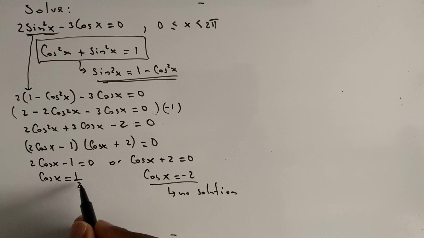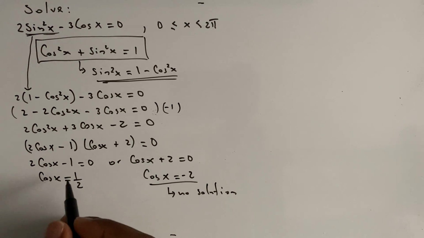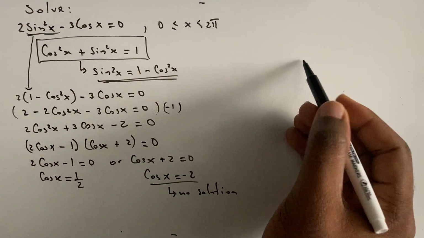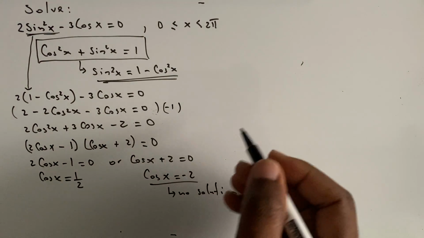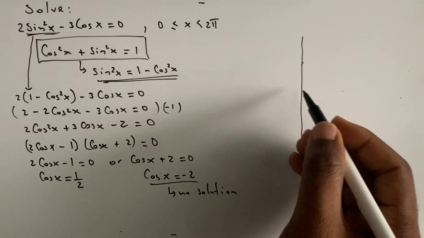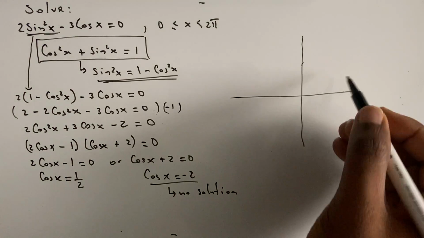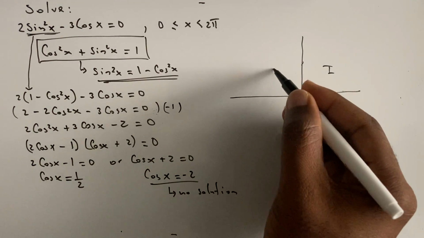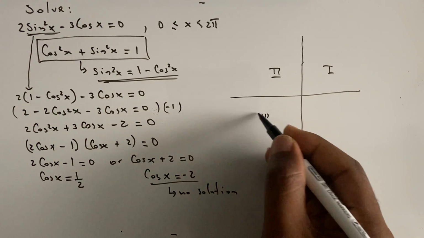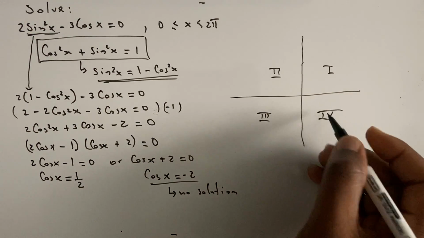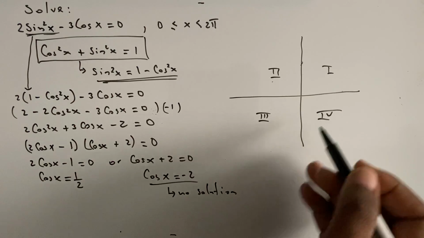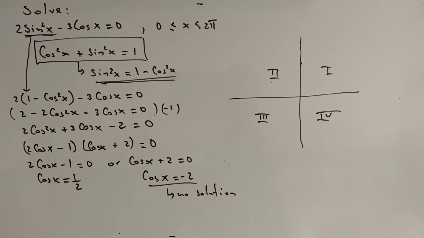Now, cosine x is 1/2 here. For the angle whose cosine is positive half, you can draw. It's good to do this most of the time. So first, second, third, fourth quadrant, where is cosine positive?